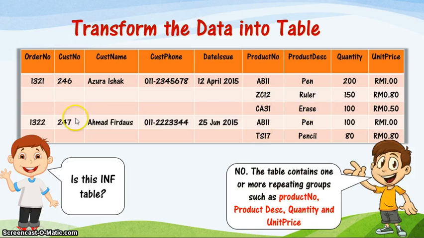This is also the same for another order. If you see that the cells here are still empty, we can say that this is not 1NF. That's the very basic tip I can share with you.